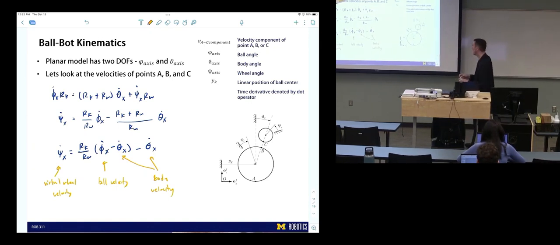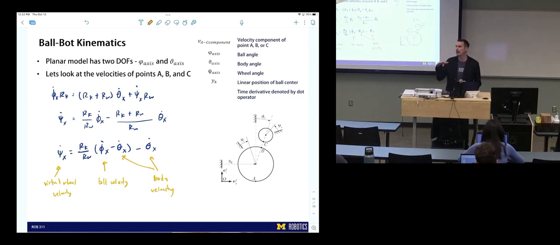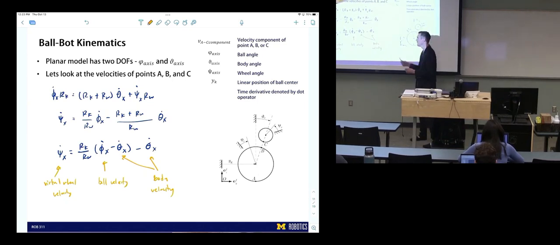Do you know the ball angular velocity? No, we don't know that. Do we know the body velocity? Yes, that we do know. We measure it from the IMU, which we will also talk about in the chassis. So this equation can be used to determine the ball angular velocity. We still need to convert from wheel velocity from virtual wheel to real wheel.